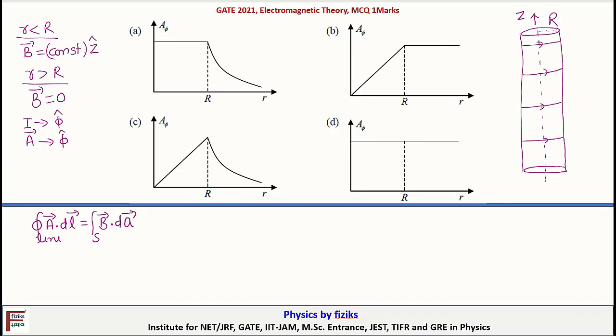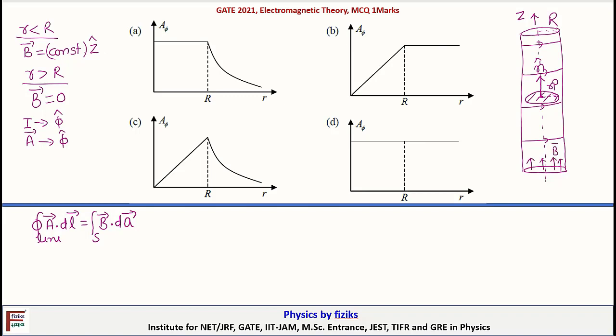So for an inside point, we have to see at Z equal to L by 2. Let's say this is at L by 2 distance, and at this point draw a loop of radius small r. This is the direction of n cap, and the magnetic field B we know is uniform.